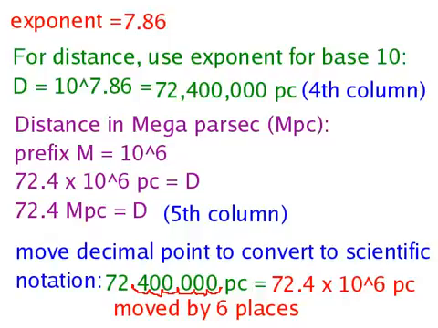But because we wanted to use prefixes, we pulled the factor of 1 million out and expressed it as a power of 10. And just like the prefix mega being equal to 10 to the 6th, the prefix kilo is equal to 10 to the 3. So that's just a convention that everybody has agreed on. So let me just add that up here.